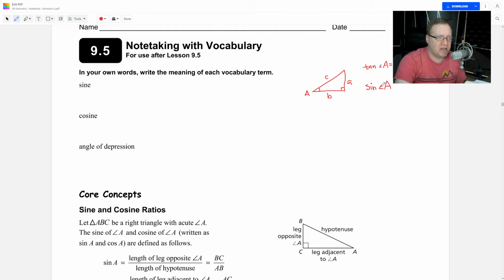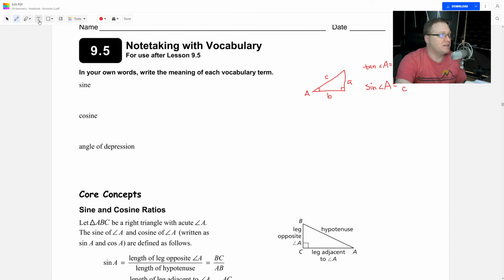So the sine of angle A is going to be the opposite leg, which is A, over the hypotenuse, which is C. Remember, the hypotenuse is always the side that is opposite the right angle. Here's our right angle, so if we draw an arrow over here, it's C. Okay, so the sine of angle A is A over C.